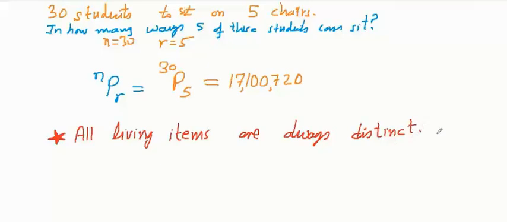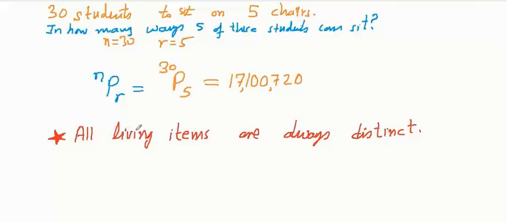Okay, distinct means different. And if they are non-living, then according to the situation, we'll see whether the non-living items are described as distinct or not. But for living items, the distinction does not need to be described.